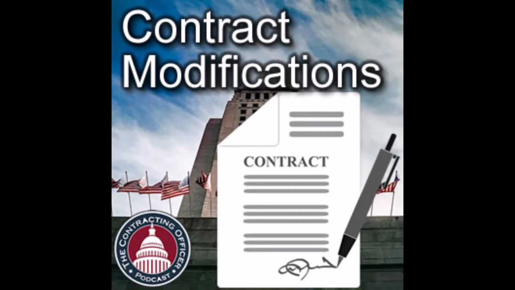Last thing to remember about mods, while we're in the technical part here, is that a contracting officer can't execute a contract modification that costs the government more money unless they have certified funds first. So funds have to be available. We've talked about funding in many episodes. Colors of Money is just one of those episodes. It makes sense that a contracting officer can't sign a brand new contract unless they have certified funds in hand. They also can't sign a modification.